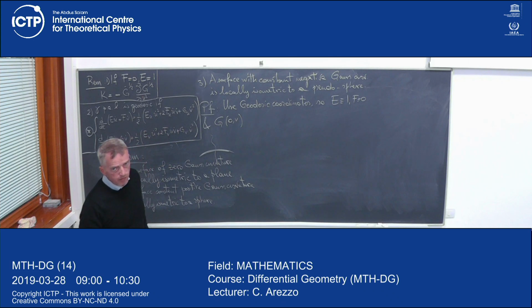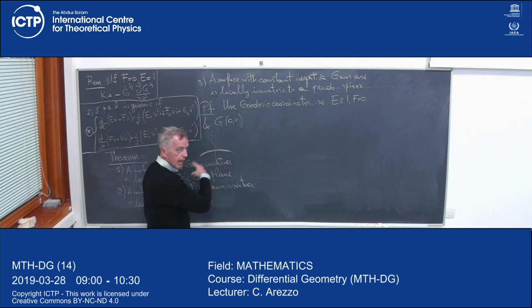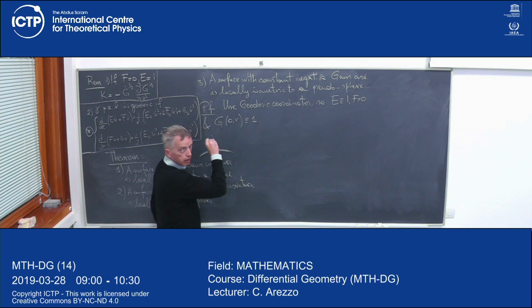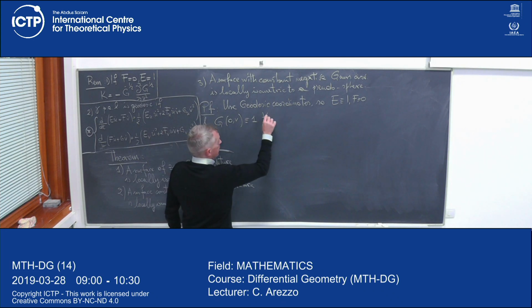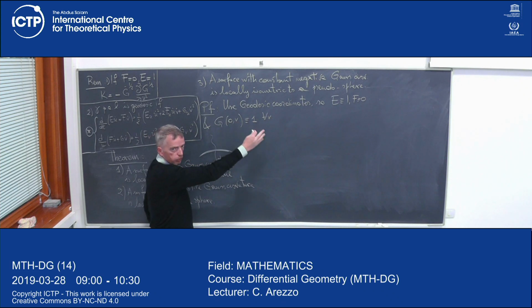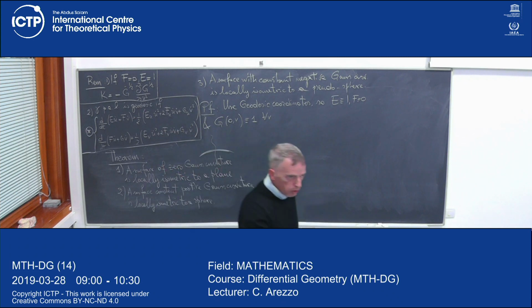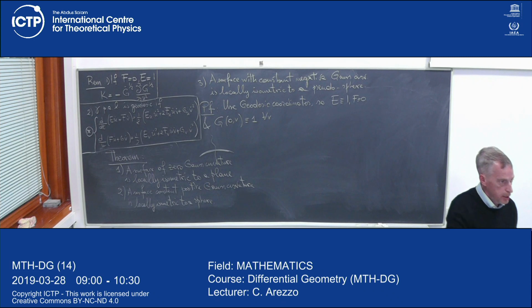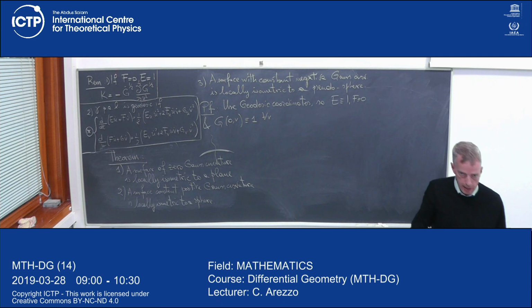That would be x_v, remember? But v is the parameter on this geodesic, which is parameterized by arc length. So this is equal to 1 for any v. Now, of course, what is not going to be true is that G of (u,v) is equal to 1 in general. But at least for u equal to 0, yes, because the geodesic is parameterized by arc length.